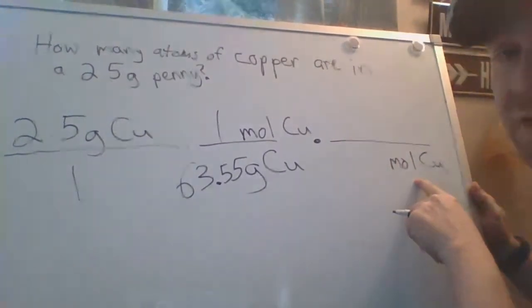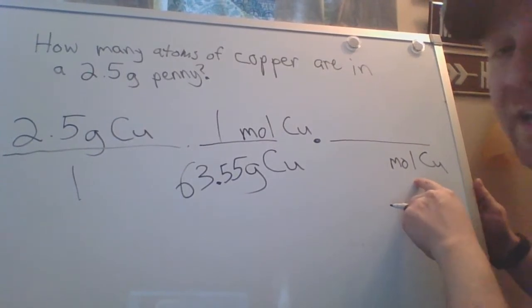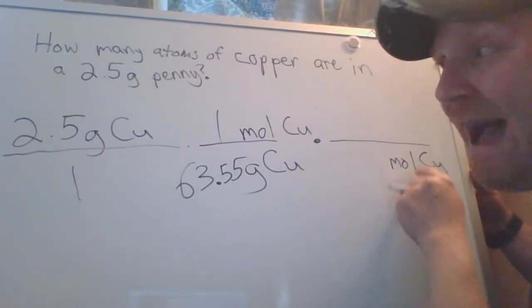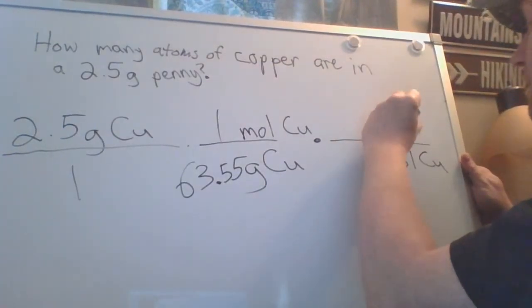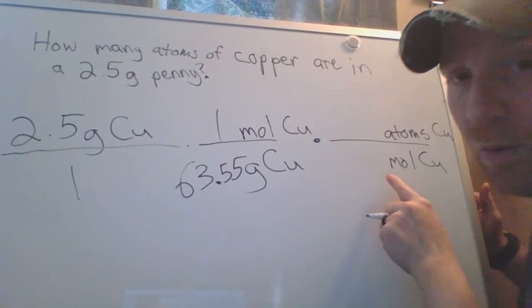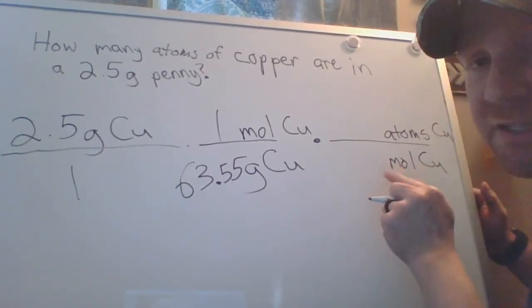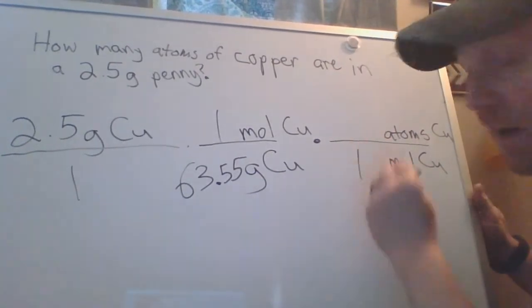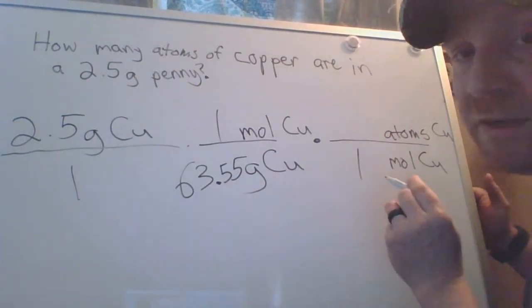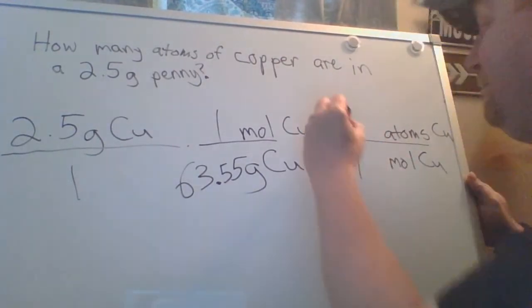There's moles of Cu on the bottom. We can now use Avogadro's number to go directly to atoms. Avogadro's number tells us that in 1 mole of copper, in this case, or anything, there would be 6.022 times 10 to the 23rd.